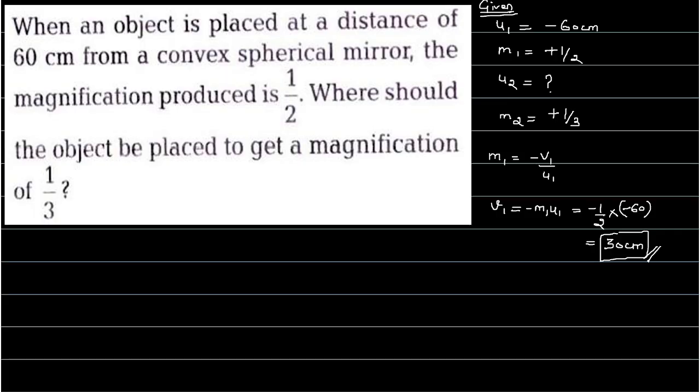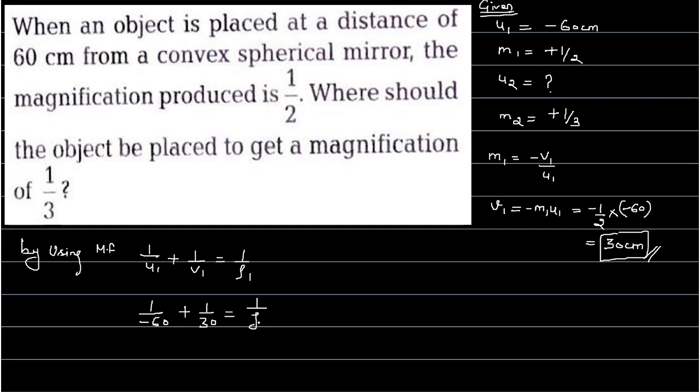Okay, so we have got v1. v1 is 30 centimeter. Now you can use the mirror formula. You have to write it completely, by using the mirror formula. Mirror formula is 1 upon u1 plus 1 upon v1 equals 1 upon f1, right? So u is minus 60, v is 30, equals 1 upon f.